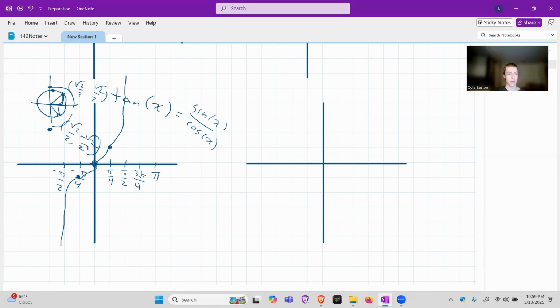And so we have asymptotes here at pi over 2 and at negative pi over 2. And then after that, we're going to have this cycle just repeating again. So it's going to look like, oops, we're graphing lines here. We're going to have an asymptote here.